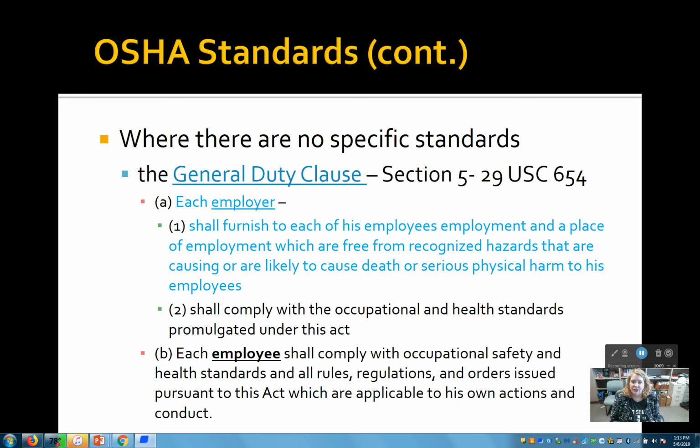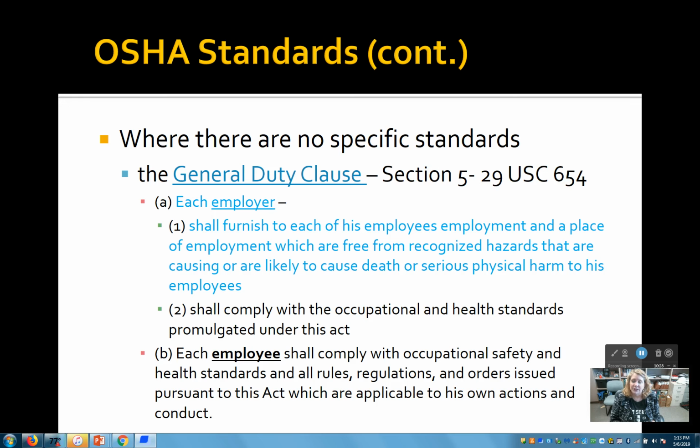One essentially says the employer shall furnish to each of his employees a place of employment which is free of recognized hazards, and so forth. The second part says the employer shall comply with all OSHA regulations under the OSHA Act.